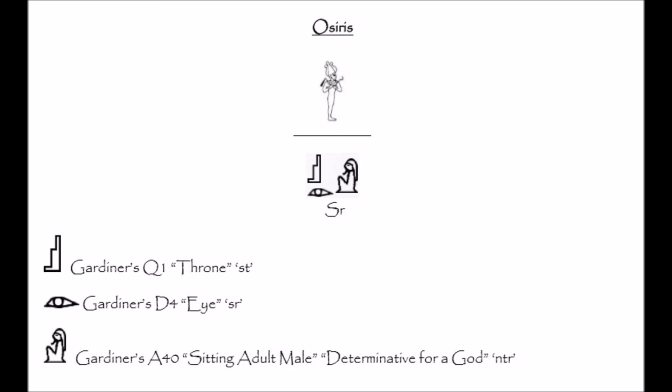That's Gardner's Q1, and that has a phoneme of ST, st, and it's used here as a determinative. A determinative is similar in function to an adjective. An adjective describes a noun, and so this word, or this character, is used to describe what is being represented here.